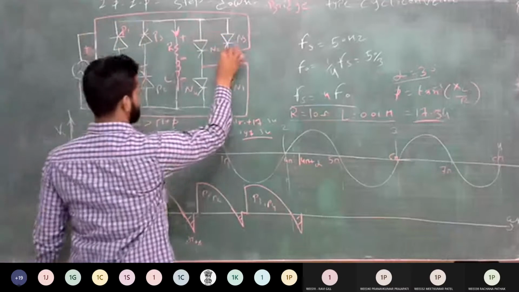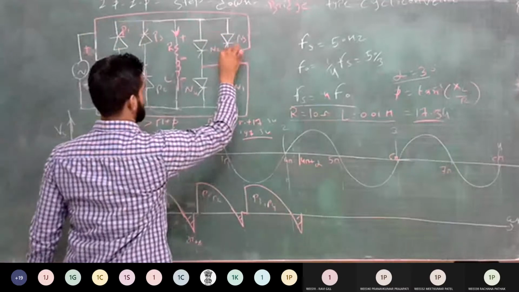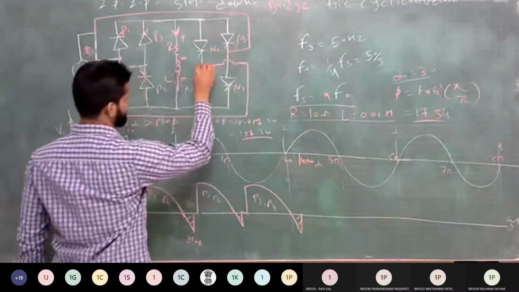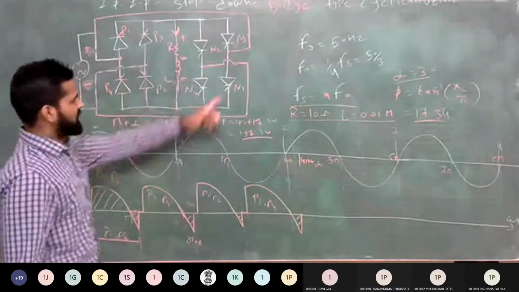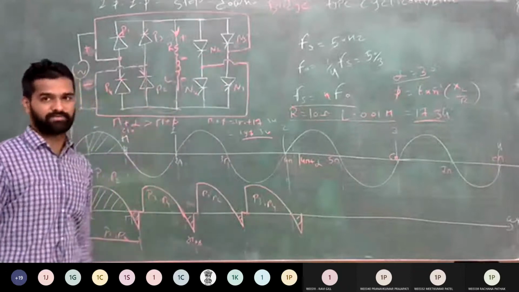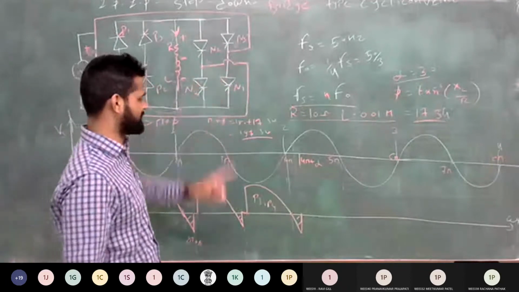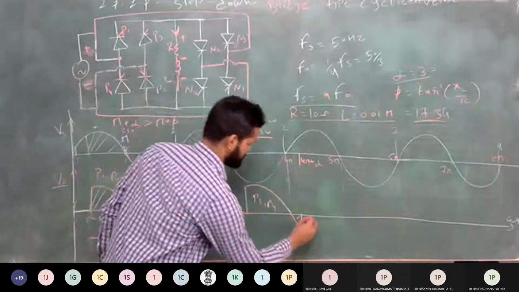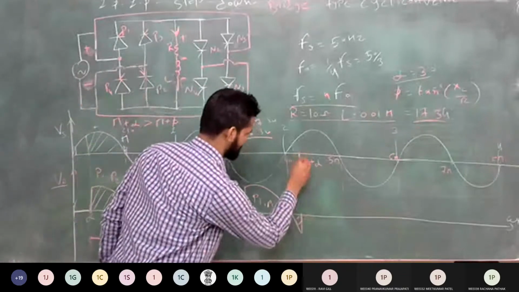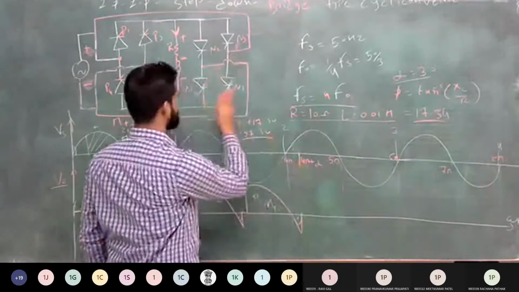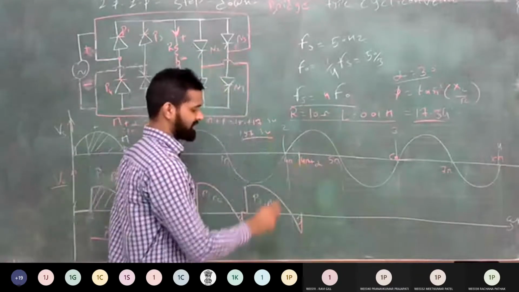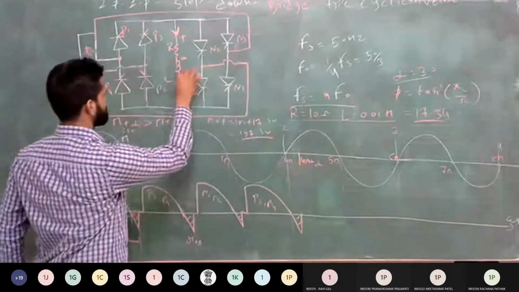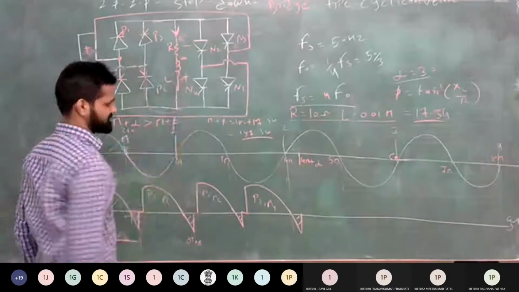Positive is connected with the first leg, negative is connected with the second leg. So N1 and N2 are forward biased. So it means you turn on N1 and N2 to get the negative voltage across the load side. So here at 4 pi plus alpha, when you fire N1 and N2, you get the negative voltage, meaning here plus, here minus.